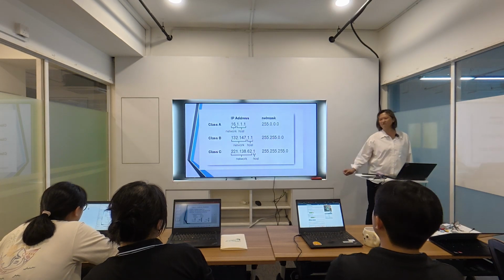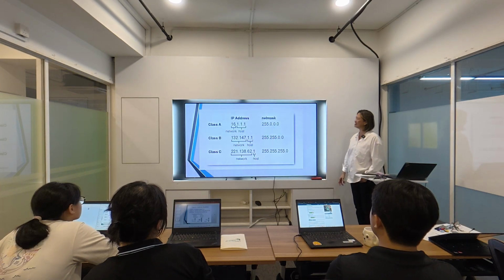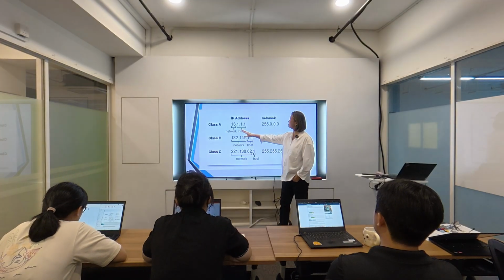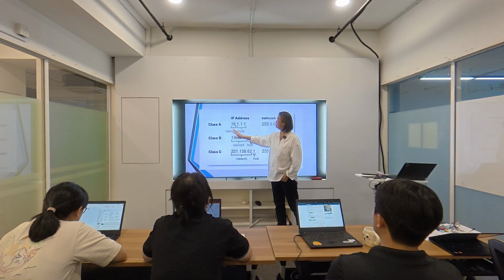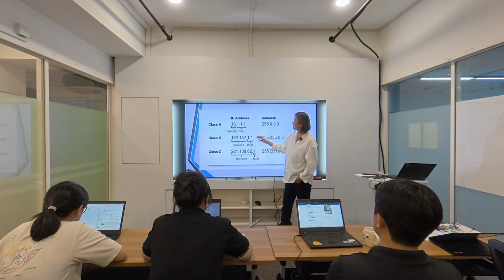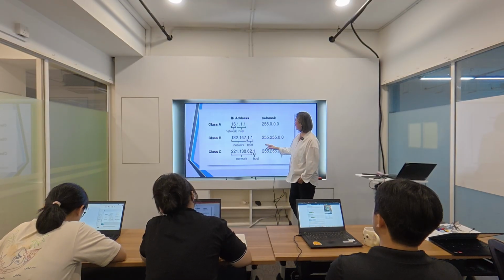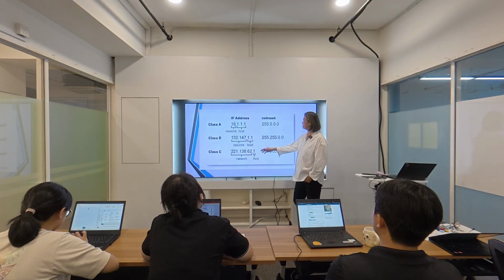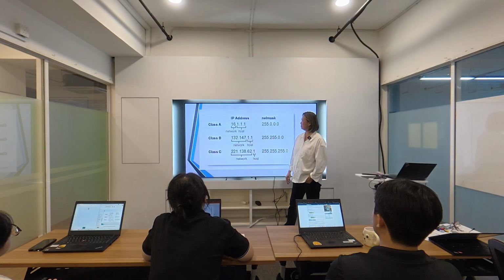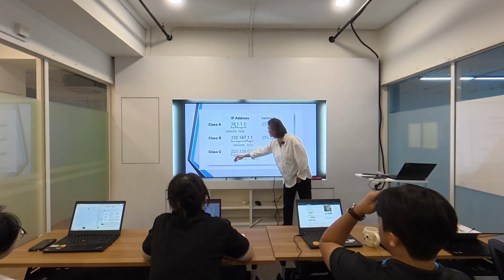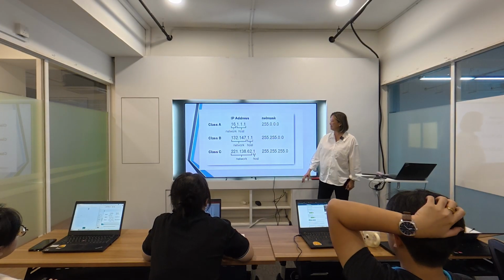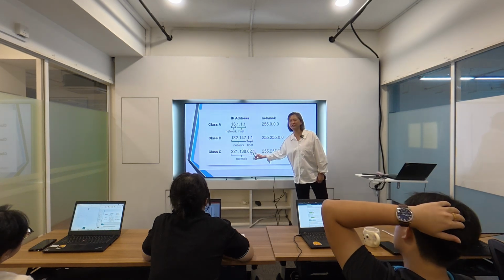Just to summarize, class A/8: the first octet is the network portion, after that is the host part. Class B/16: the first 2 octets are the network portion, the last 2 octets the host portion. Class C, /24: the first 3 octets are the network portion, and the last octet is the host portion.